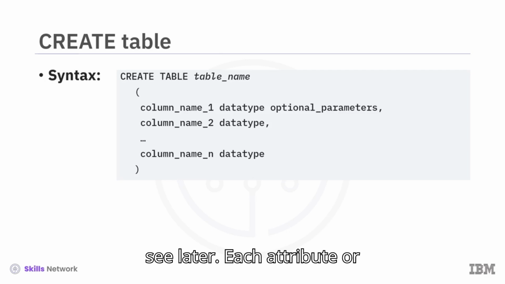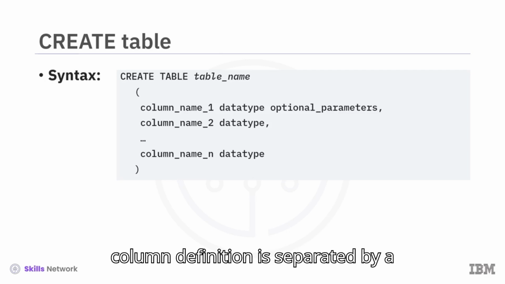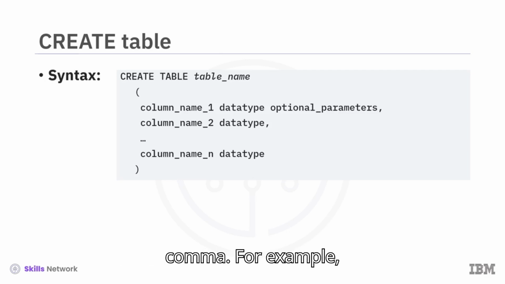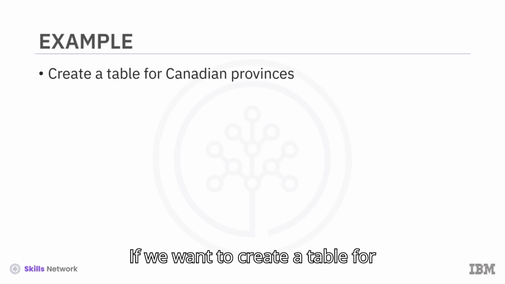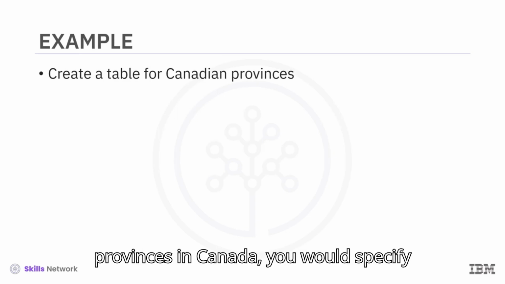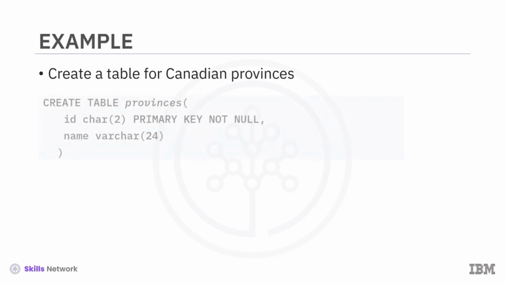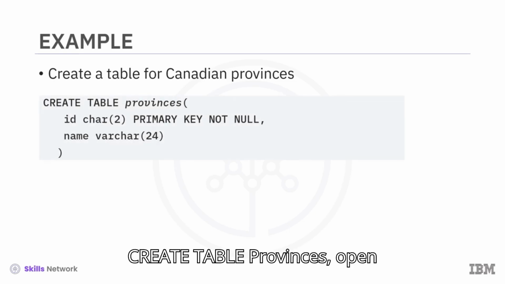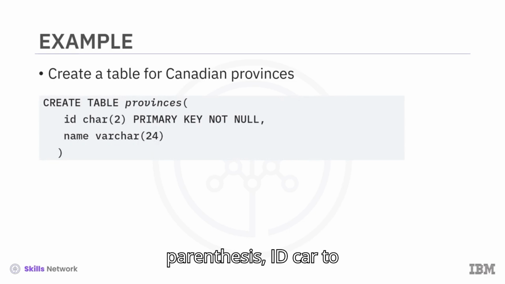Each attribute or column definition is separated by a comma. For example, if we want to create a table for provinces in Canada, you would specify create table provinces, open parentheses, ID char(2) primary key not null, comma, name varchar(24), close parentheses.